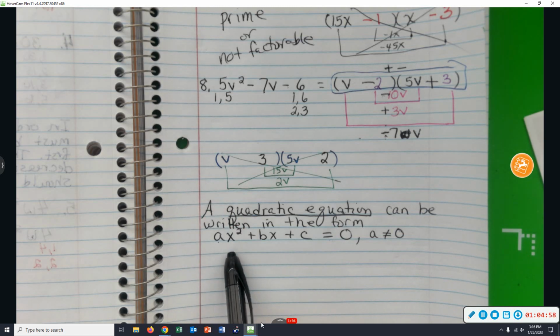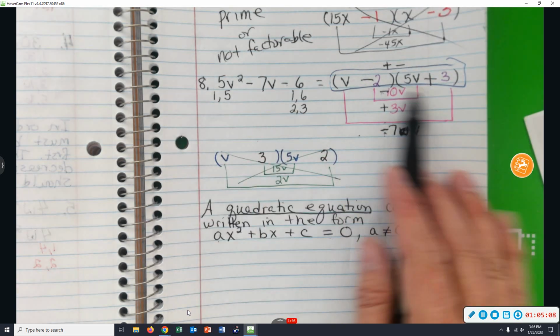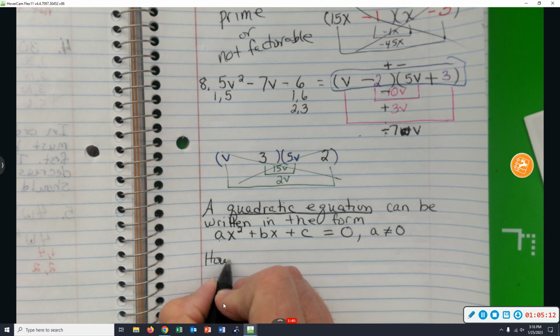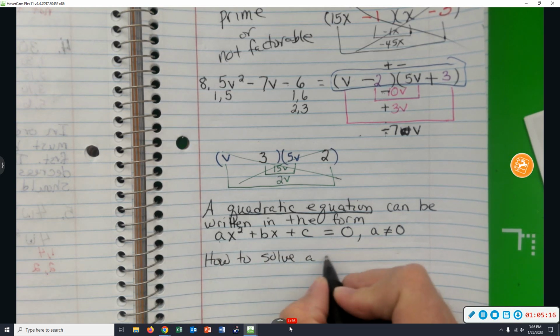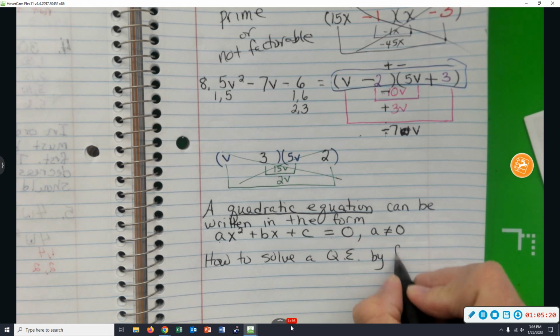If there's an x squared in it, or a square I should say, then that's a quadratic equation. And we're going to discuss how to solve a quadratic equation using this factoring stuff. So if you've forgotten it, you'll get a refresher. How to solve a quadratic equation by factoring.